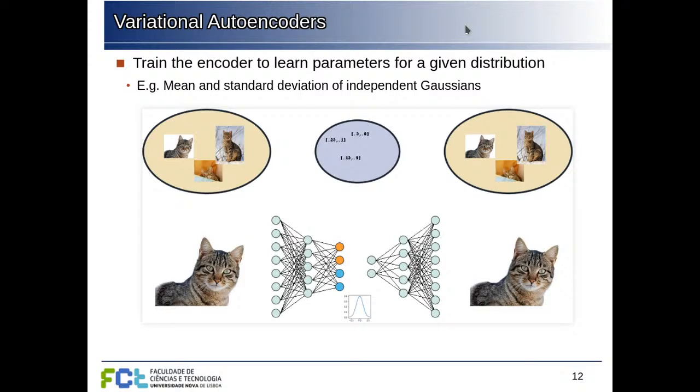Okay, so now we have a problem here, which is the encoder is giving us parameters for probability distributions, but then we need to sample at random to generate the output from the decoder. So the decoder is getting just a random sample from these distributions and not the actual values that the encoder is producing.